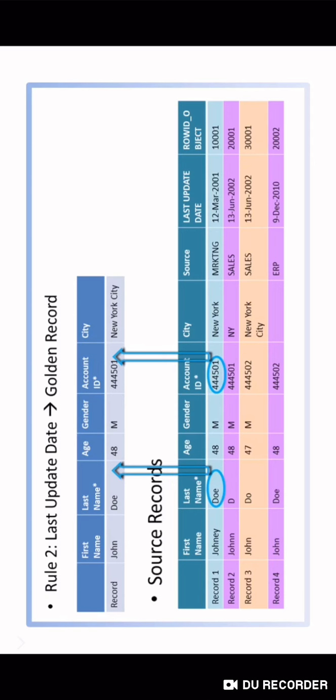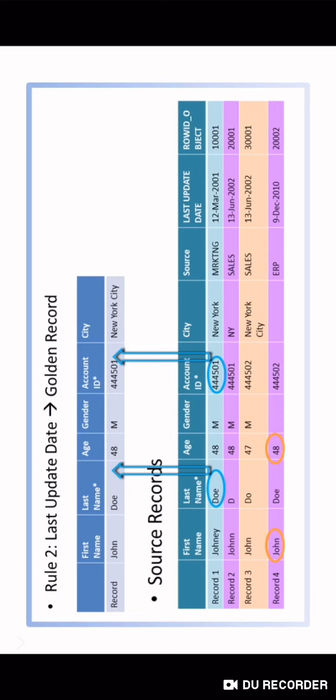The last update date of records 2 and 3 is less than the last update date of record 4. Hence, values such as first name and age will survive from the ERP system, that is record 4.